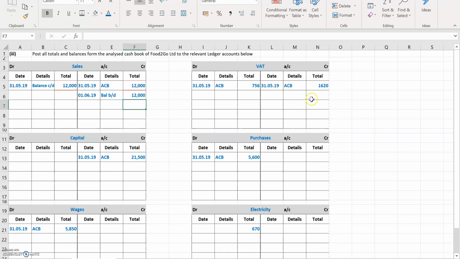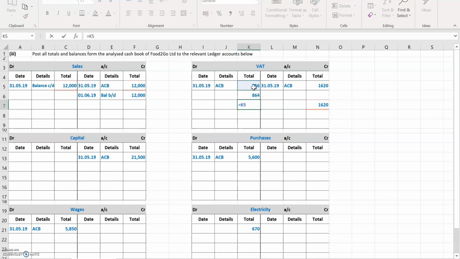VAT then, so VAT's a little bit different. We're going to skip a line and put in our line and our double line to say that it's been closed off. So we've got 1,620 on the credit side, 756 on the debit side. This side is higher, so we have to add a figure here that when it's added to the 756 will give us 1,620. So 1,620 take away 756, and the balance figure is going to be 864.